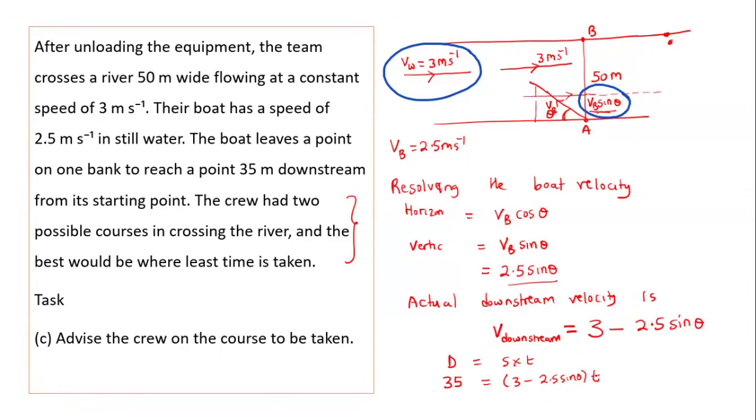But here, when you look at it, what is that one thing you notice? You notice that you do not have your time. So you need to find the time. How are you going to find the time? To find the time, you can say that distance is equal to speed times time.